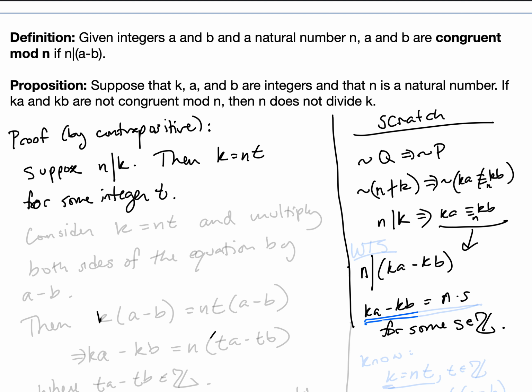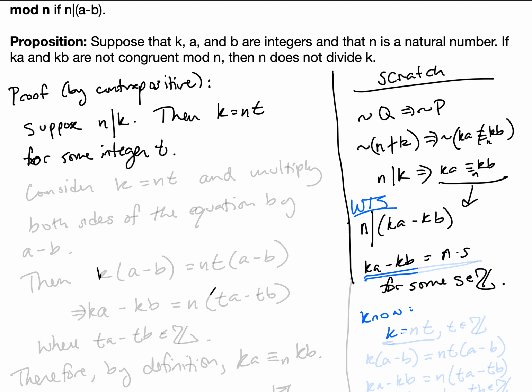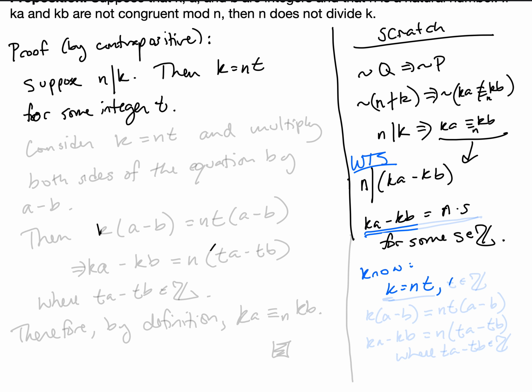So that is what we are trying to show. So this is what we want to show at this point, whereas what we know at this point is that k is equal to n times t, where t is an integer. So could we somehow use what we know already to get to this statement?